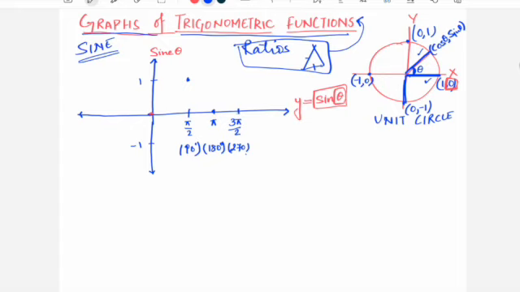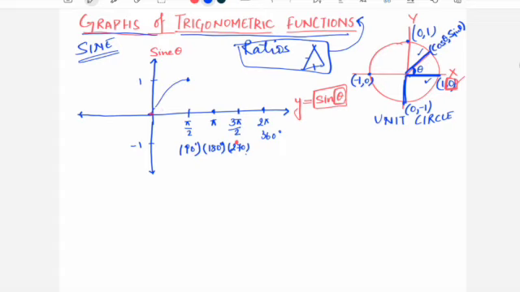So it is going to go down to minus 1. And then the last one is 360, and 360 is again going to be 0. So our next one is 2 pi, which is 360 degrees, and then you go up to 0 again.